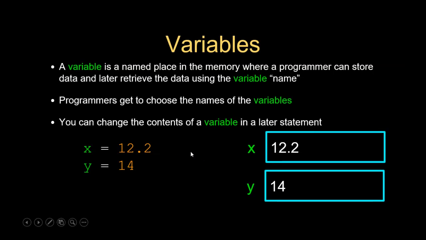So it's like a bucket: in the X bucket we're putting 12.2, and in the Y bucket we're putting 14. But because it's variable, we originally put 12.2 in this bucket, and now we've thrown that in the bin and put 100 in there. So now the variable x has 100 instead of 12.2.